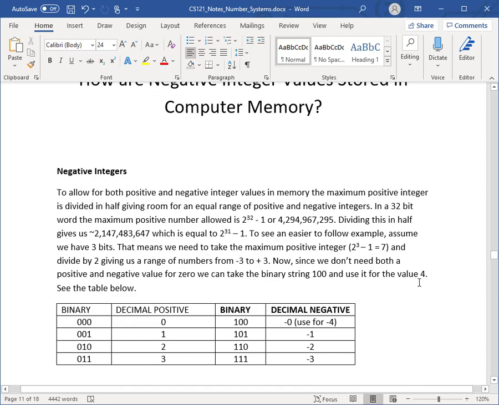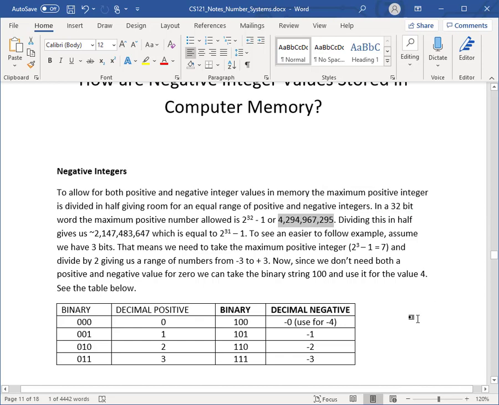To allow for both positive and negative integer values in memory, the maximum positive integer is divided in half, giving room for an equal range of positive and negative integers. If we have a 32-bit word, then the maximum number allowed, as we saw, was 4,294,967,295.